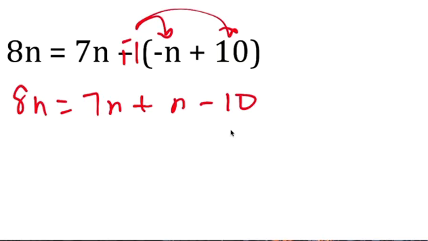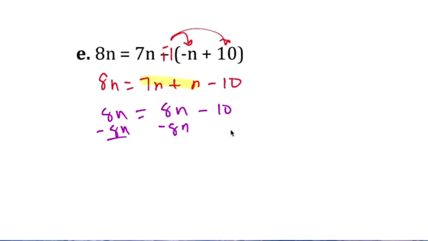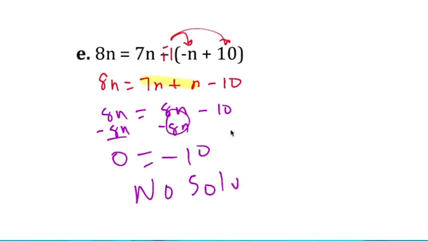Okay, combine like terms. 8n minus 10 minus 8n, 0. This is 0 plus -10 is -10. This is no solution.